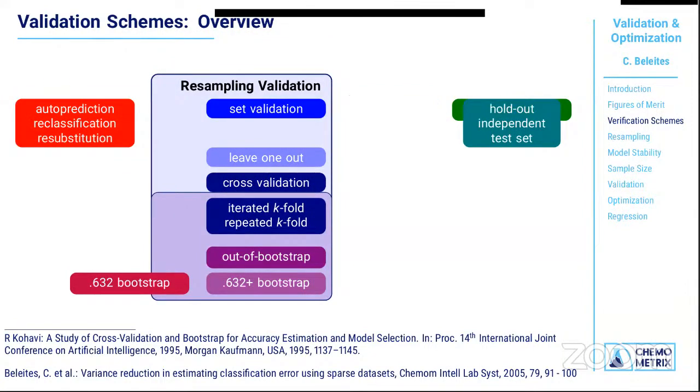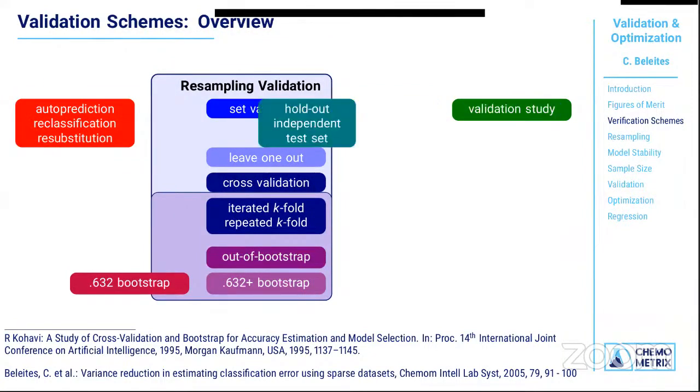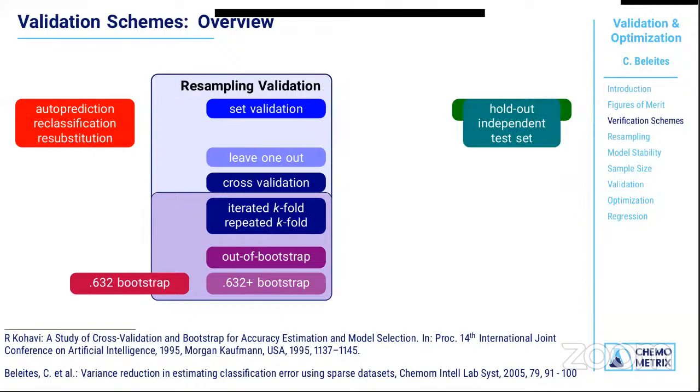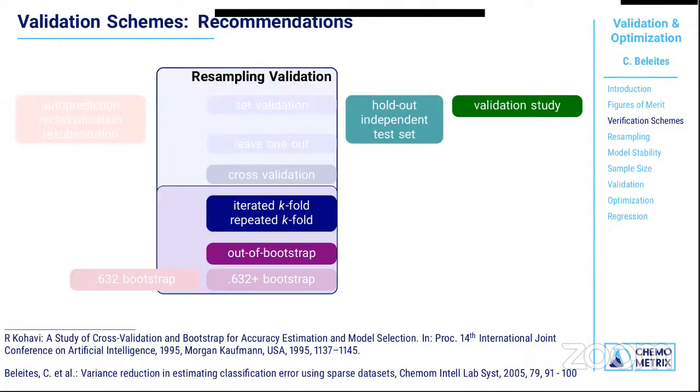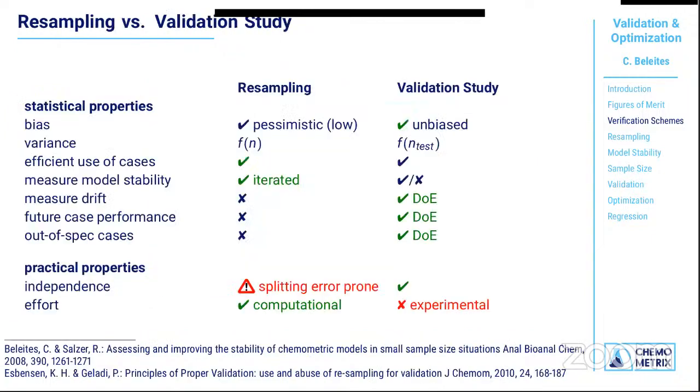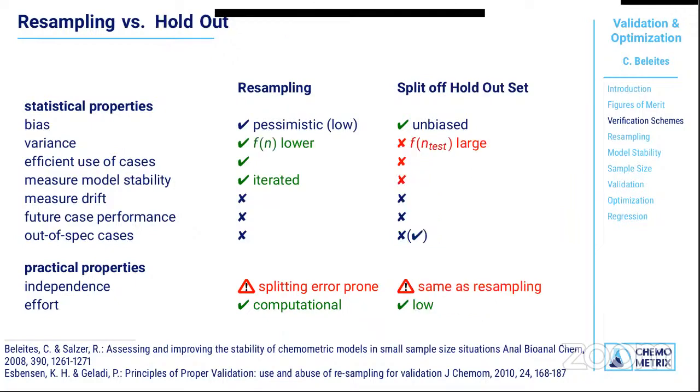The specialty with holdout is that it's somewhere in between resampling and a validation study, and where it is depends very much on the particular circumstances of how it was set up. Because I'm running out of time, I'm sorry, I will skip these slides, but you can review them at your leisure later on.